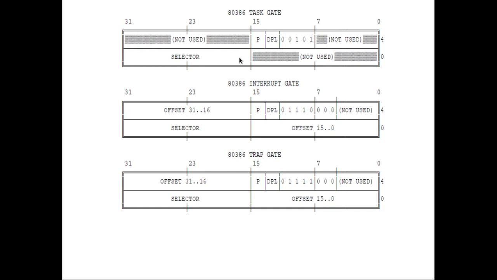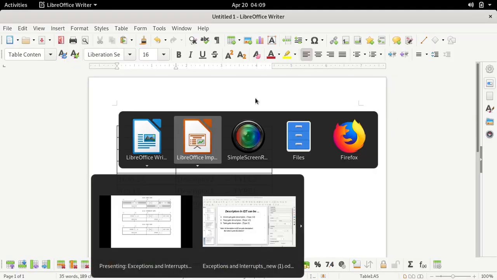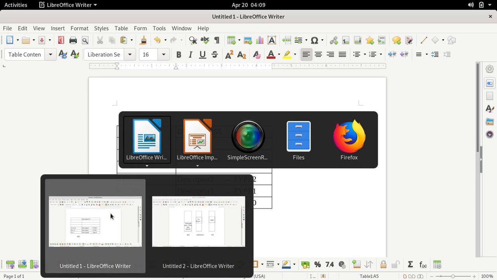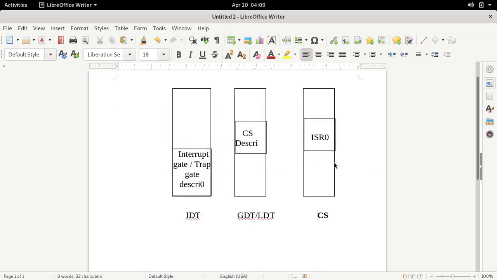Now let's try to understand interrupt gate and trap gate. What is the use of selector and what is the use of offset address present in interrupt gate and trap gate descriptor? Here I would like to take one example. Consider this diagram. Suppose this is a code segment.